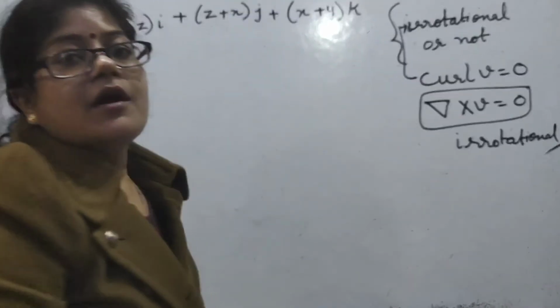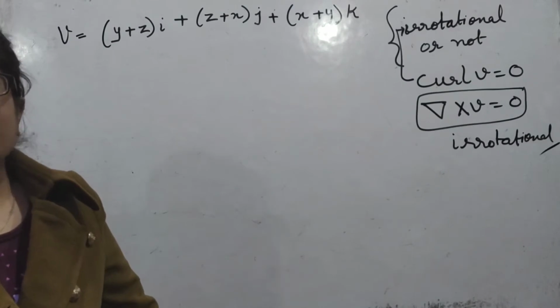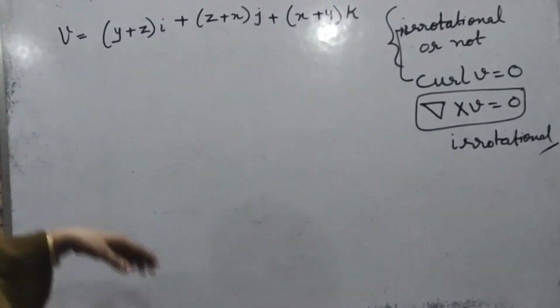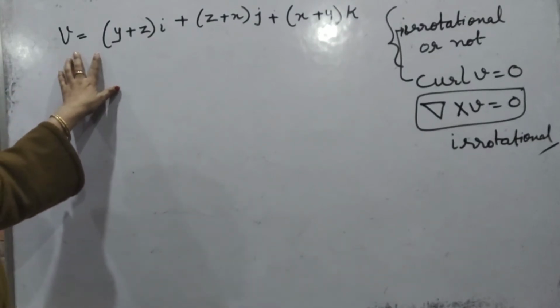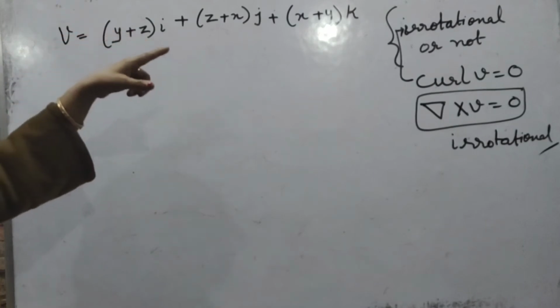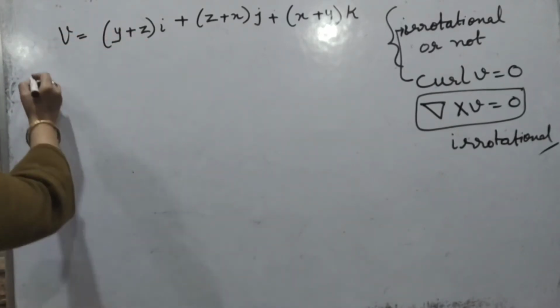Now we learn how we will do these types of questions and how we will find whether that vector is irrotational. For example, we have this vector B equal to (y plus z) i plus (z plus x) j plus (x plus y) k.